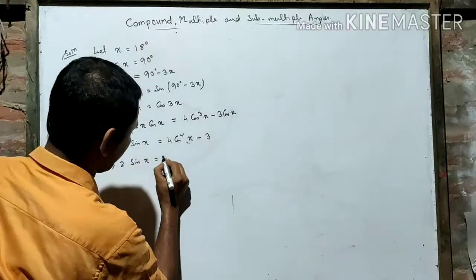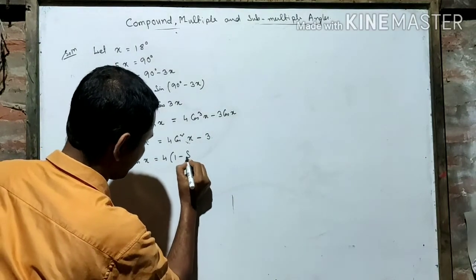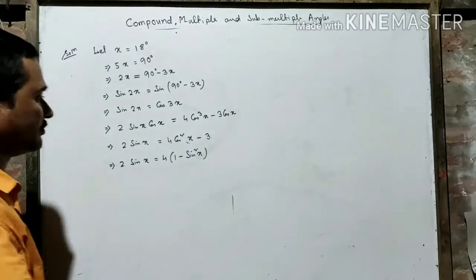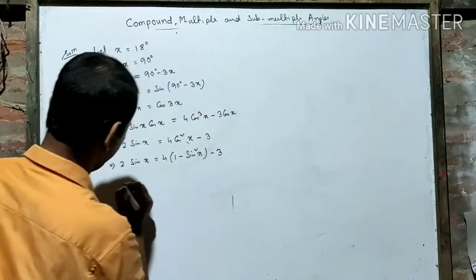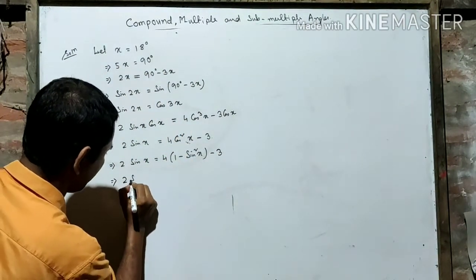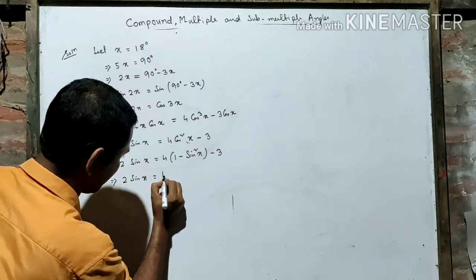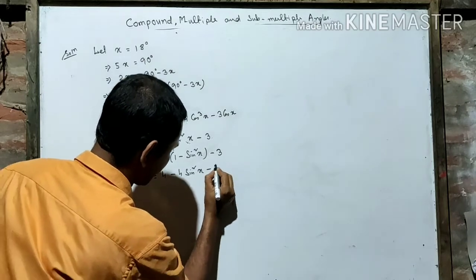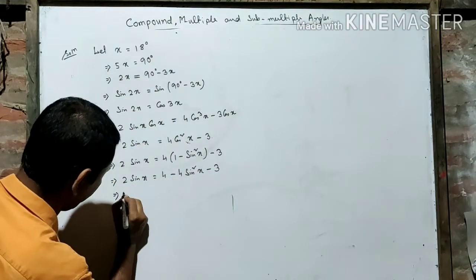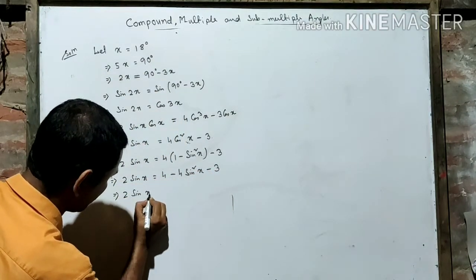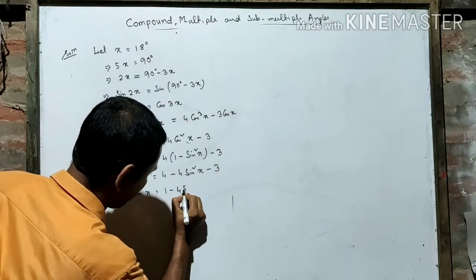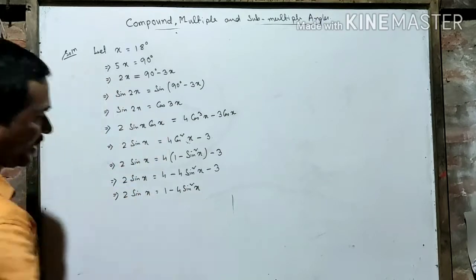Now the cos square x can be changed to sine square x because cos square theta is equal to 1 minus sine square theta. This implies 2 sine x equal to 4 minus 4 sine square x minus 3. Implies 2 sine x equal to 1 minus 4 sine square x, since 4 minus 3 is 1.